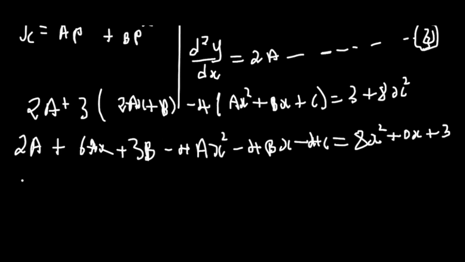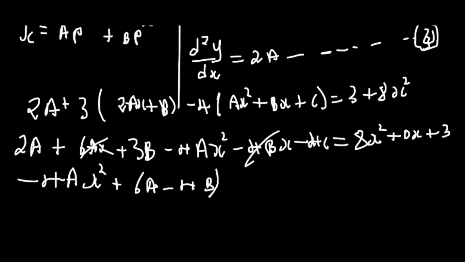If we rearrange this function, we are going to have minus 4a x squared. Now all the terms in terms of x: we have 6a here, minus 4b here, so this is all x.